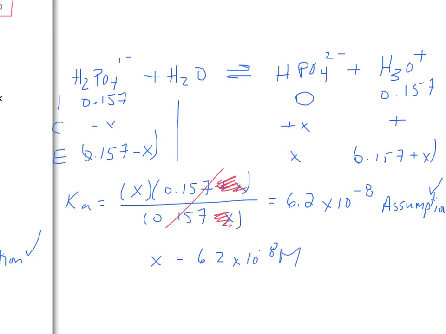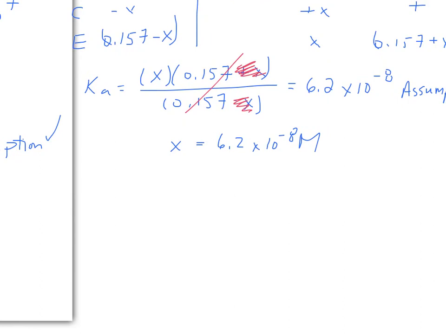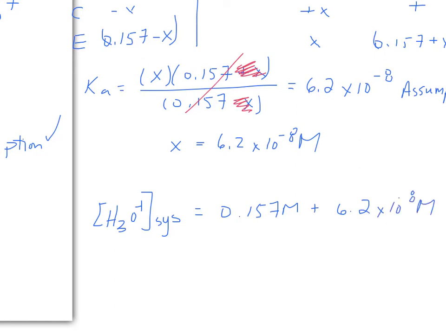Now, to get the pH of my acid solution, I need to take all of the hydronium into account in the system. I get 0.157 moles per liter from the first donation, and I get 6.2 times 10 to the minus 8 moles per liter from the second donation.